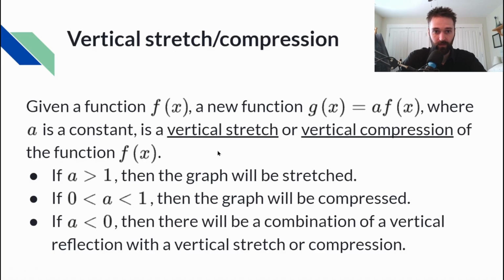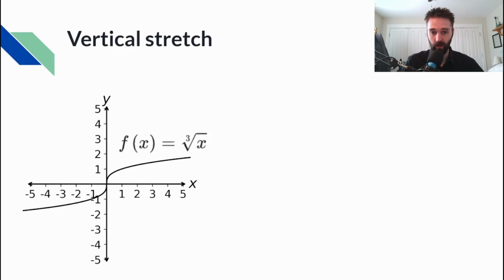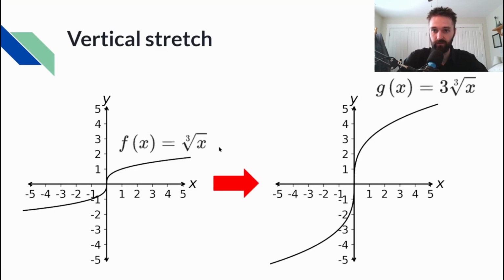Let's see an example for each of these cases. Let's start with a equal to something greater than 1. That should give us a vertical stretch. Let's look at this function again, f of x equals the cube root of x, and ask what this new function, g of x equals 3 times the cube root of x, will look like. 3 is greater than 1, and we're multiplying it by the entire function, so this is going to be a vertical stretch, and it looks like this.